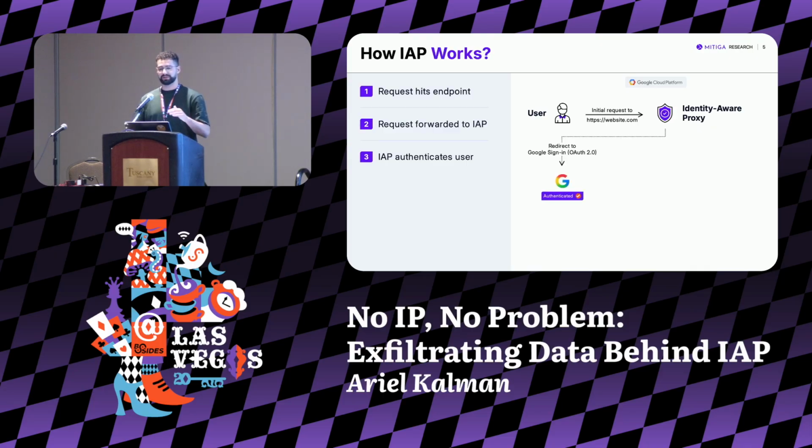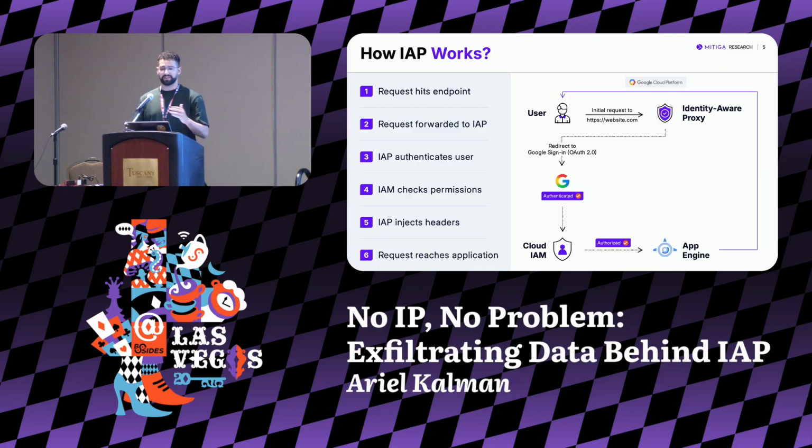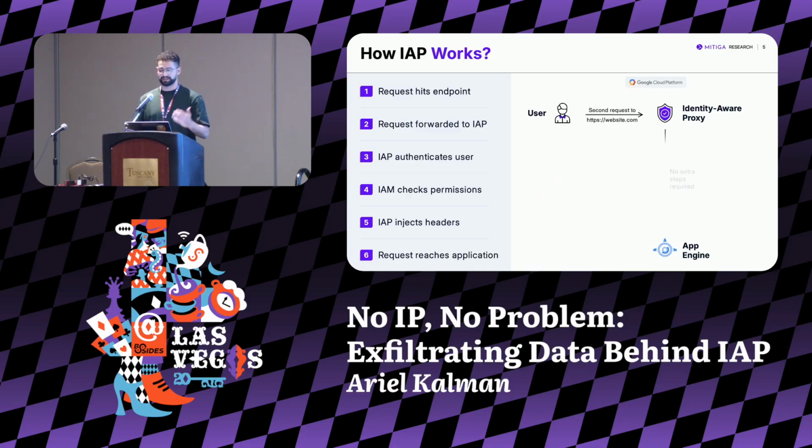The user needs to put in his email and password and log into his account. If the user was successfully logged in and authenticated, he then needs to be authorized to make sure he has sufficient roles to access the application. If he is both authenticated and authorized, IAP injects the authentication headers into the request, and he can now access the application without IAP in the middle each time, because he now has the token on every request.